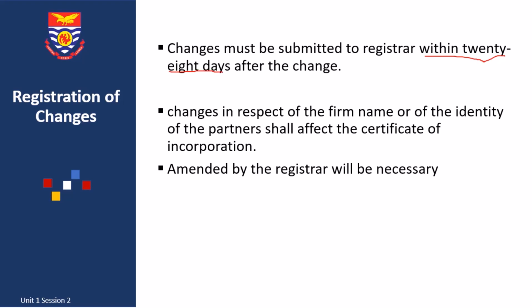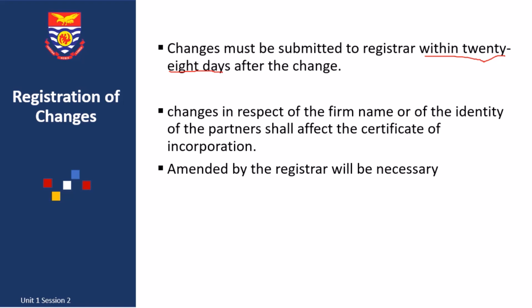Now, if the changes is in respect of the firm name or identity of the partners, it will have effect on the certificate of incorporation. Therefore, the registrar has a duty to issue new certificates to reflect the changes that the partners have made.